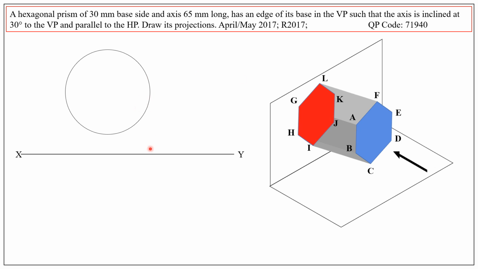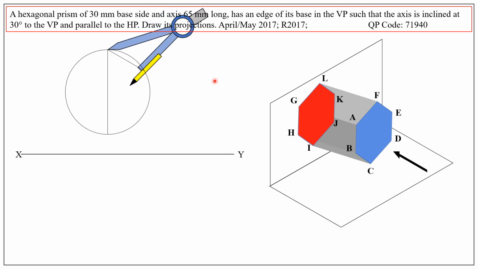Since we need to draw the hexagon in such a way that two vertical edges are perpendicular to the XY line, draw a vertical line through the center of the circle and take 30 millimeters in your compass. Fix the intersection of the circle and the vertical line at the top as center and cut an arc on the circle and join those 2 points.